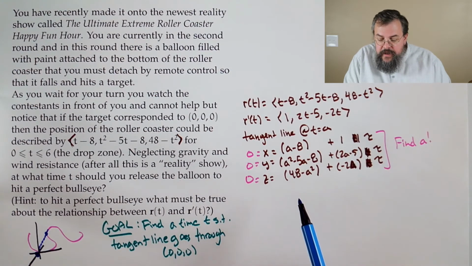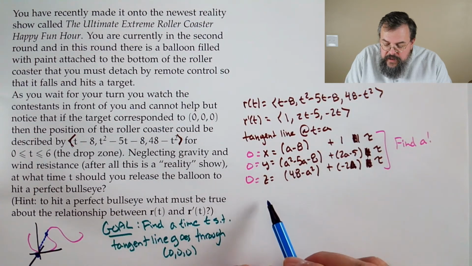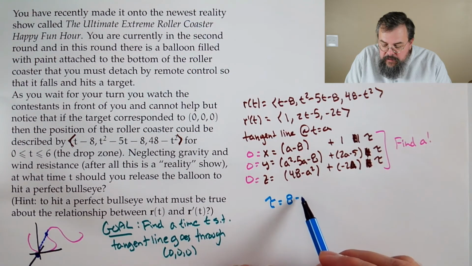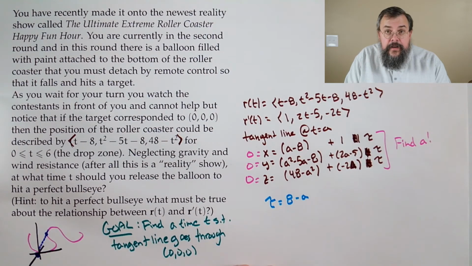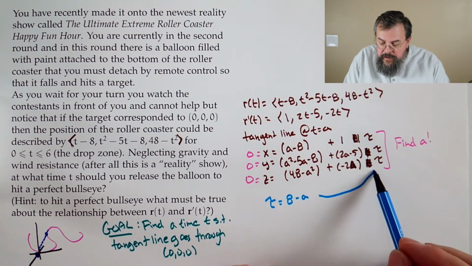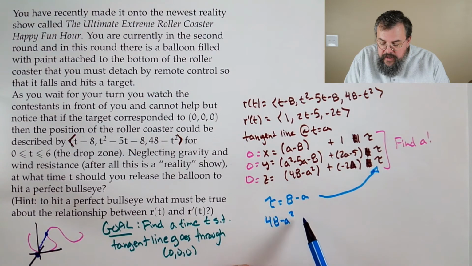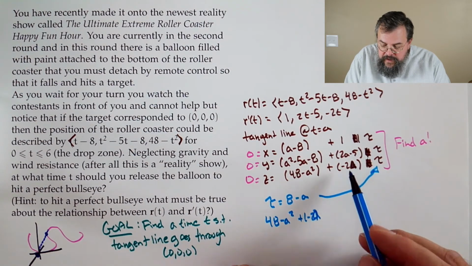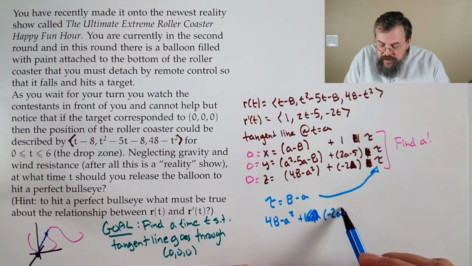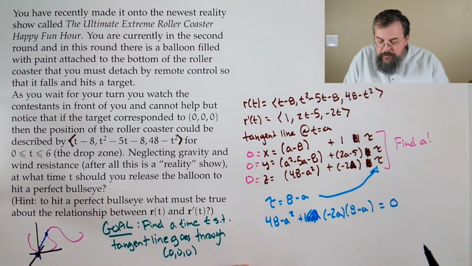So what do we have? I can rearrange this and solve for tau. So tau is 8 minus A. Great. Now I plug tau into one of these equations. Let's plug into the bottom one. So 48 minus A squared plus minus 2A times 8 minus A has to equal 0.